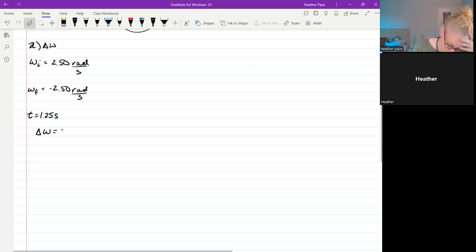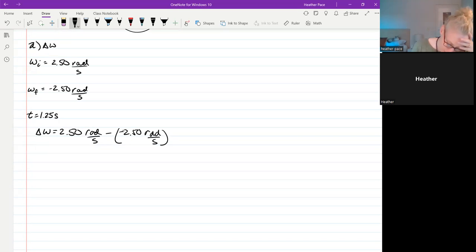We're going to do 2.50 radians per second minus, now remember we have a negative 2.50, so we're going to put that in brackets here. These two are going to cancel out. We're going to get a positive. So we're going to end with 5.00 radians per second. So our delta omega is 5.00 radians per second.